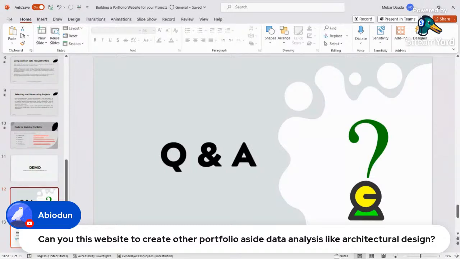So the question from Abiodun is: can you use this website to create other portfolios aside from data analysis, like architectural design? Yes. If you are looking to create an architectural design portfolio, you should use Wix or WordPress, because there are a lot of templates relating to different industries, even if you're not a designer.